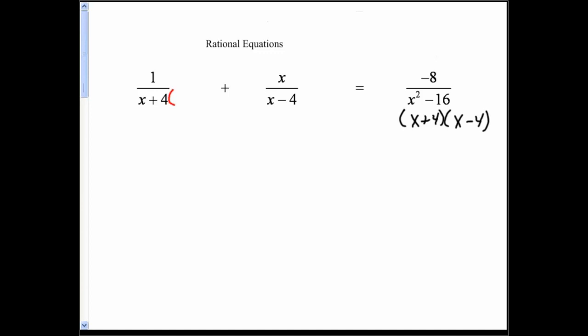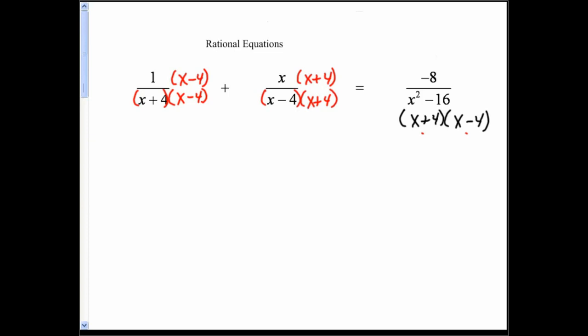So multiply the top and bottom by x minus 4. The second fraction has the factor x minus 4, but it doesn't have the factor x plus 4. So multiply the top and the bottom of the fraction by x plus 4.